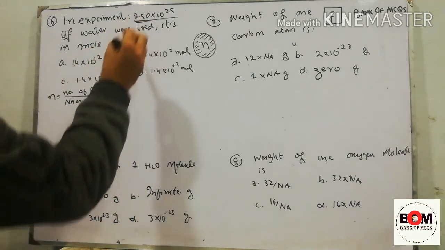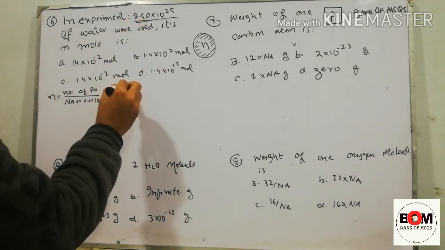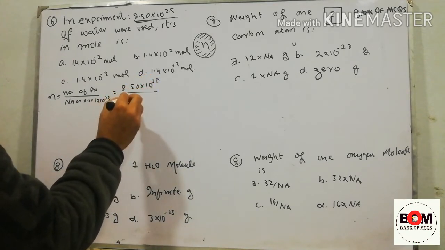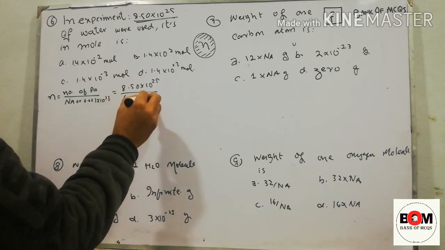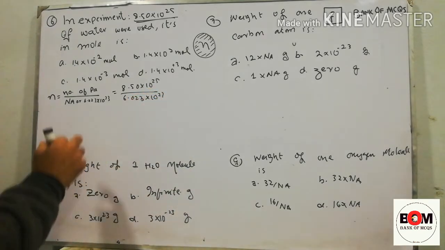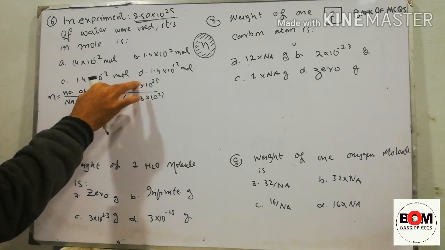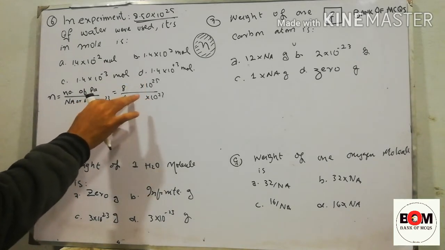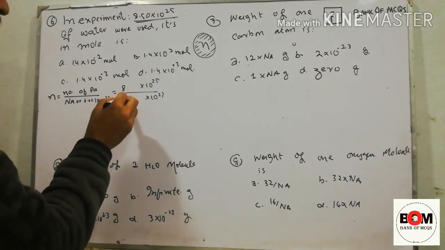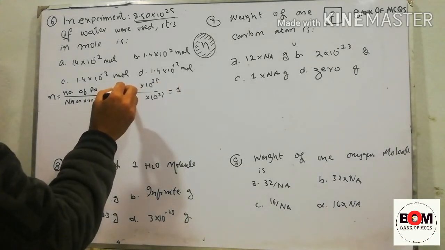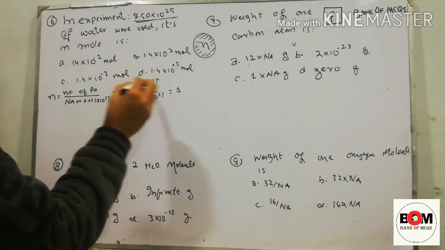So the number of particles is 8.50 × 10^25, divided by 6.023 × 10^23. As the answer is approximate, we will ignore 8.5 and 6.023 for ease. 6 ones are 6, and 2 remain 20, 6 threes are 18.